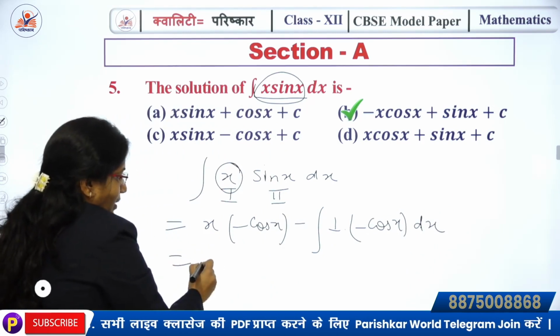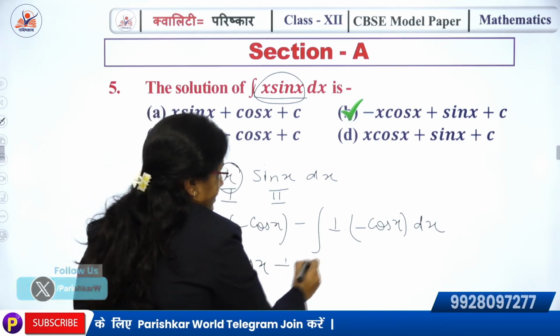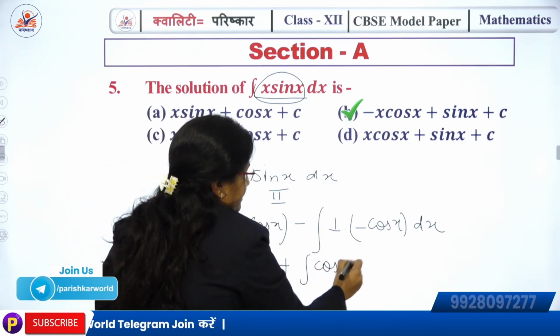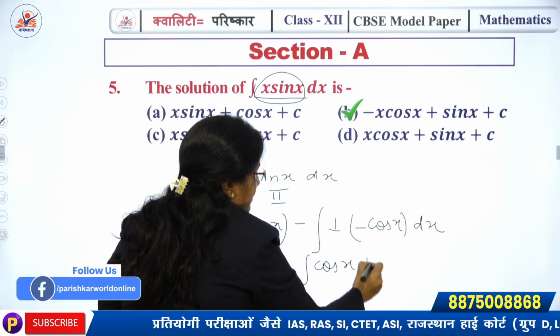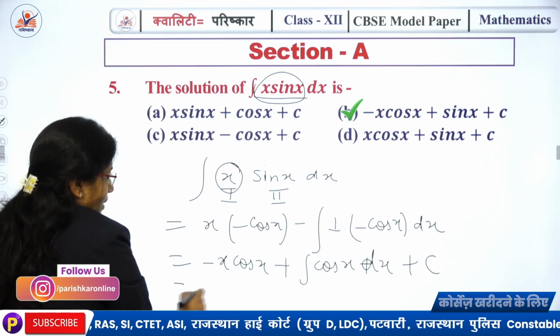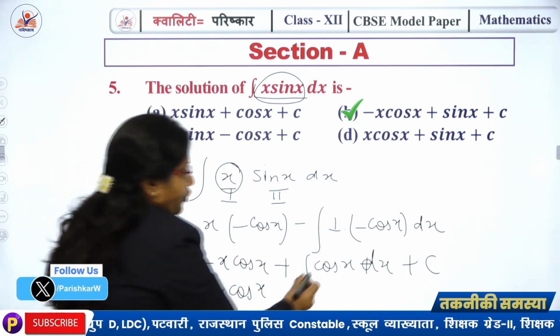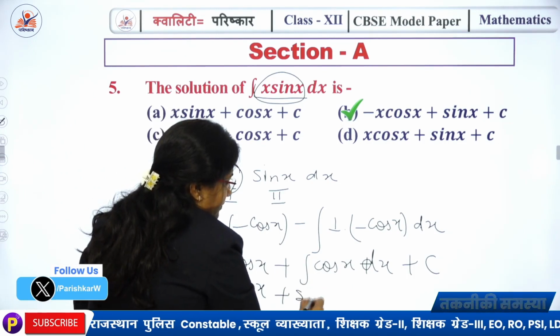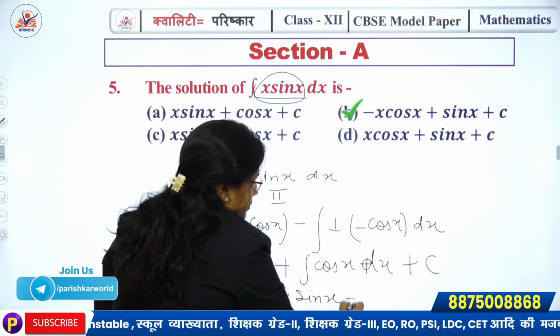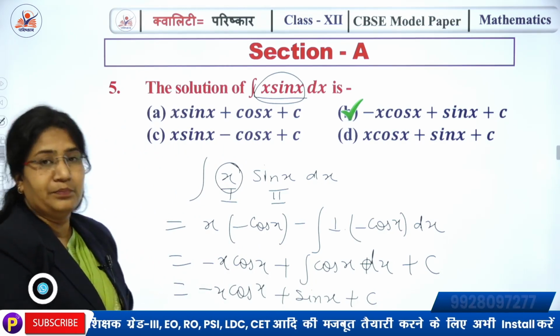Calculating this, we get minus x cos x plus the integration of cos x dx plus any constant c. That is minus x cos x, and the integration of cos x is sin x, plus constant c. Then the right option is option B.